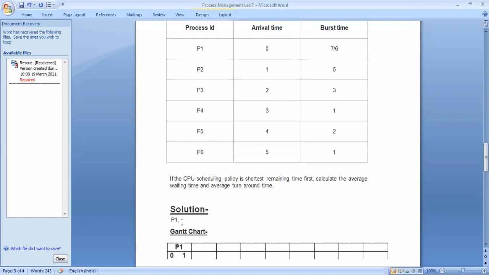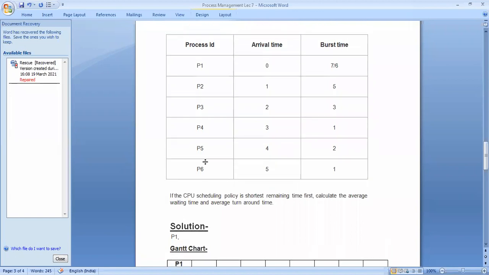Okay, again I'll repeat. Our algorithm is shortest remaining time first, but within the ready queue, we'll check how many processes are there. Arrival time is already given in this problem. So when arrival time is 0, only one process is within the ready queue.